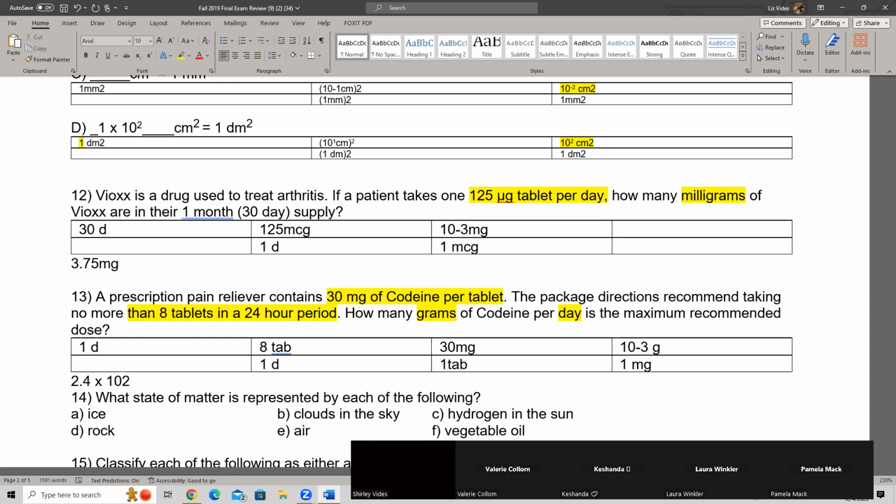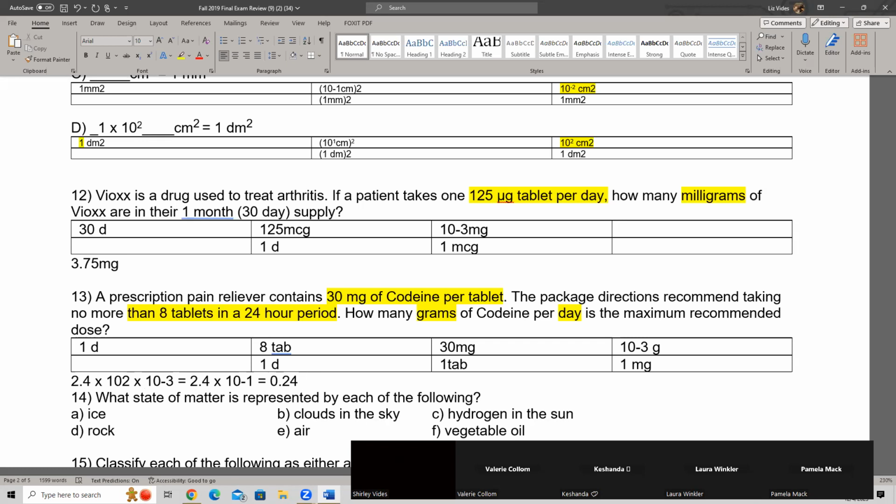That's what I get on my calculator without the negative 3. And then remember, times 10 to the negative 3 would give you 2.4 times 10 to the negative 1, which is equal to 0.24.